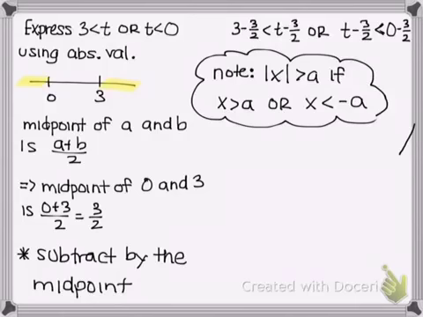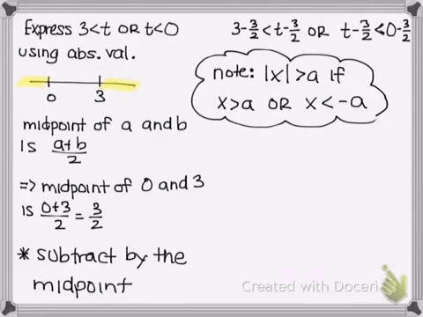Okay, so here we're going to use it where x is a thing in common in both inequalities, so x is going to be t minus 3/2, and a is the thing that switches signs, so a is going to be 3/2.